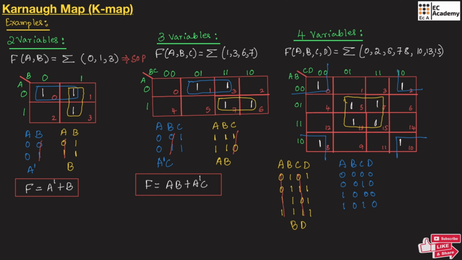If you observe here, A has different values and C has different values. We cancel out these two, so we are left with B with 0 and D with 0. Since B and D have the value 0, we write the complement of those, B dash, D dash. So finally, the simplified Boolean expression is F equals BD plus B dash D dash.